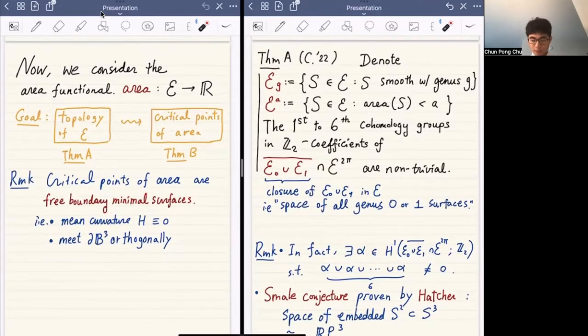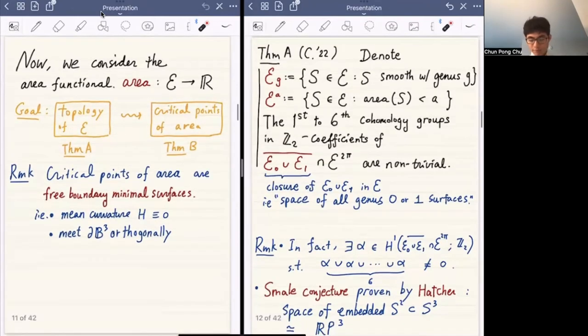So one may think about Hatcher's resolution of the Smale conjecture. One equivalent form of the Smale conjecture says that the space of all smoothly embedded two-spheres in the three-sphere deformation retracts to a subspace.